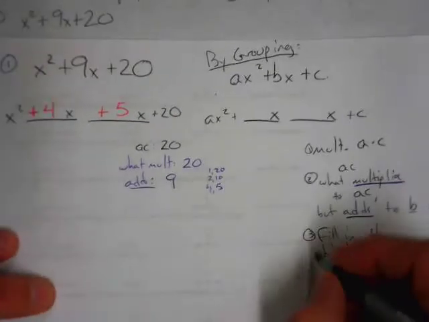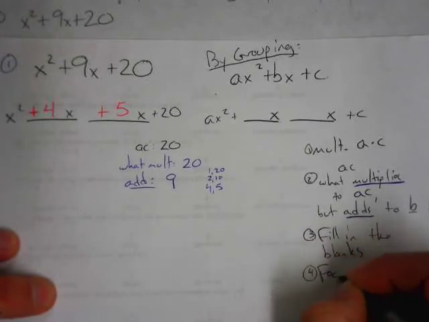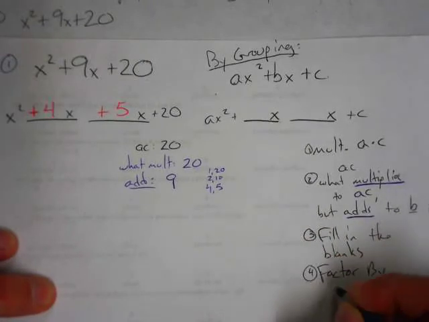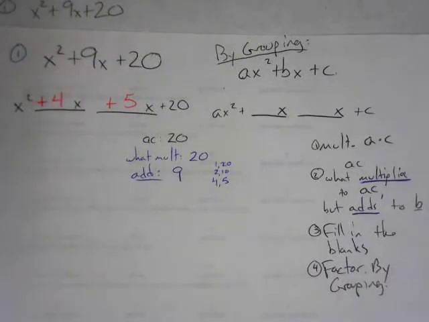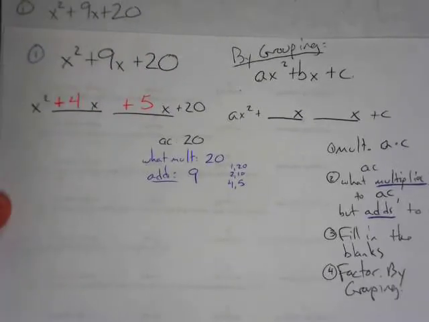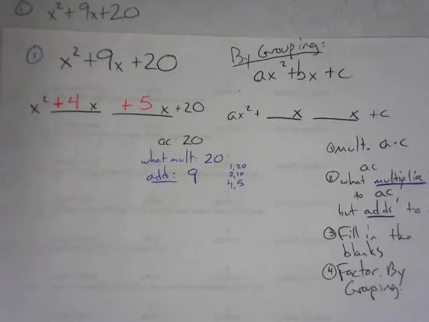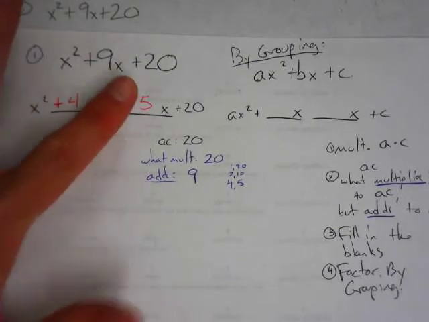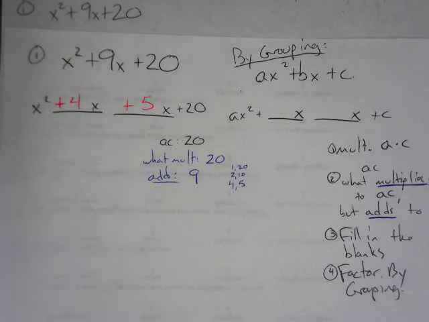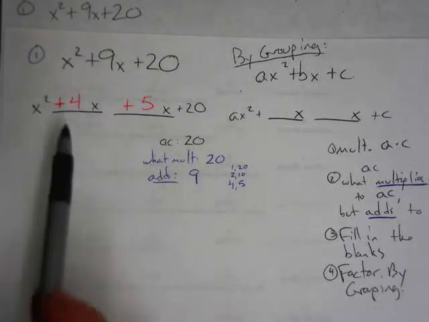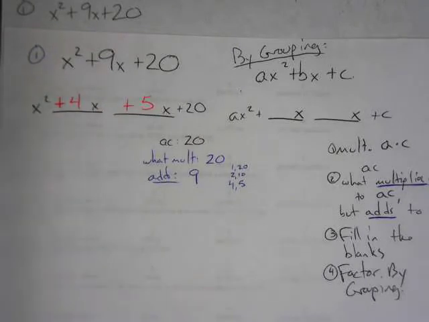And then the last step is factor by grouping. That is the last step of factoring by grouping, is actually factoring by grouping. Please see the previous lesson on factoring by grouping. In our example for number 1, we had our trinomial, we set up our blankety blank, and we answered the question what multiplies to 20 but adds to give us 9: 4 and 5. Now we can factor by grouping.